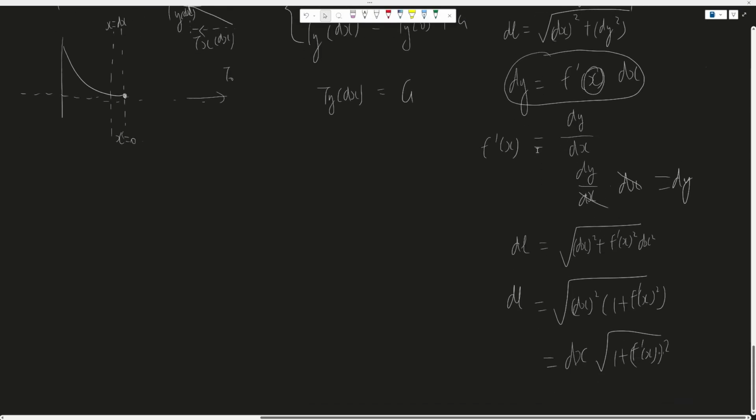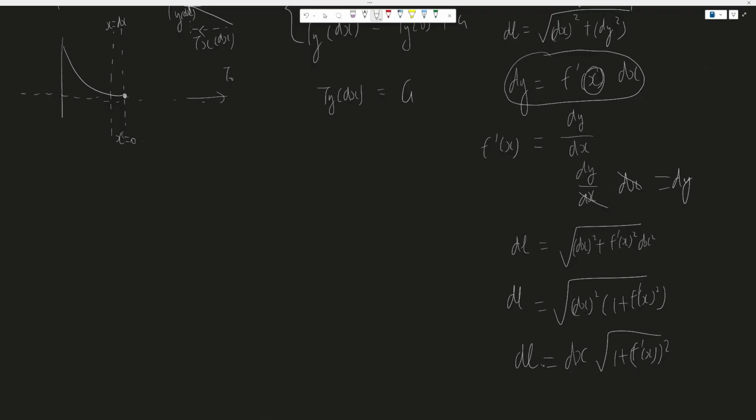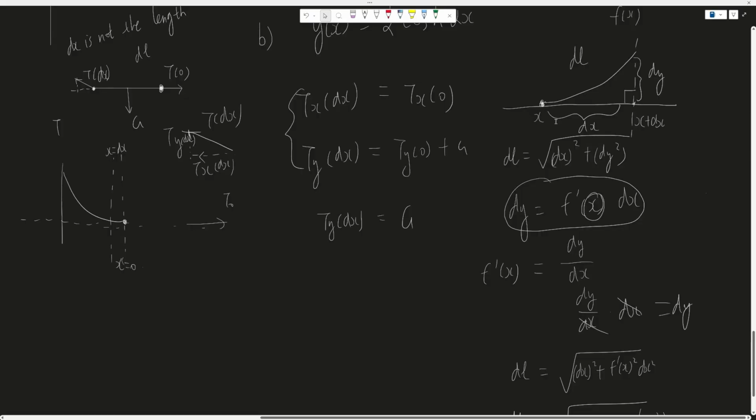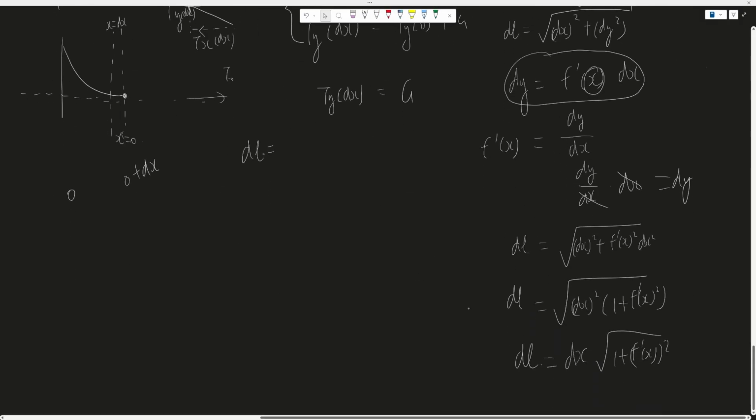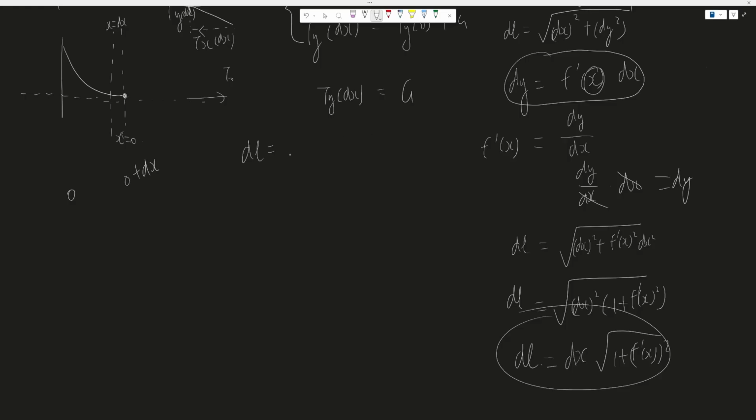So now this is the formula for the length of the chain between x and x plus dx. So now here we're trying to find the length of the chain between 0 and 0 plus dx. So then we just need to plug in the numbers. So then we know that here dl equals, if you look at this formula, dx times the square root of 1 plus f prime of 0 squared.